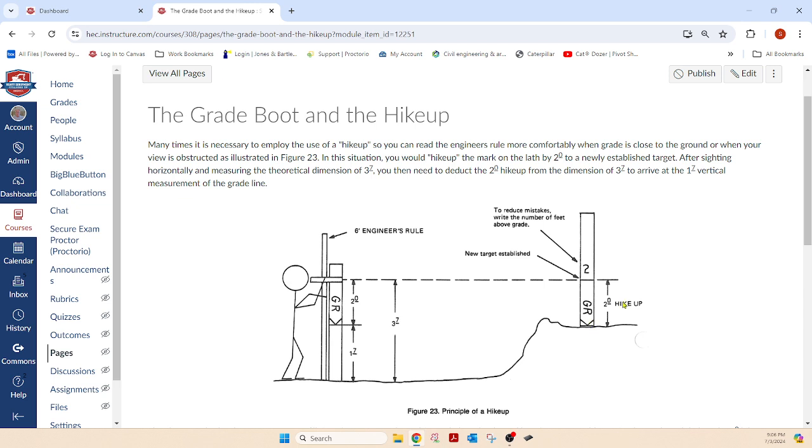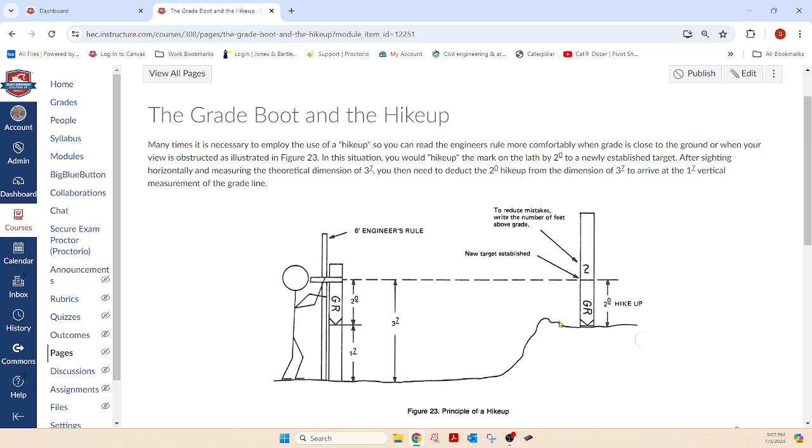Now, they're calling this right here a 2-foot high cup. That's okay if this is your desired grade right here. But that's not what's happening here.